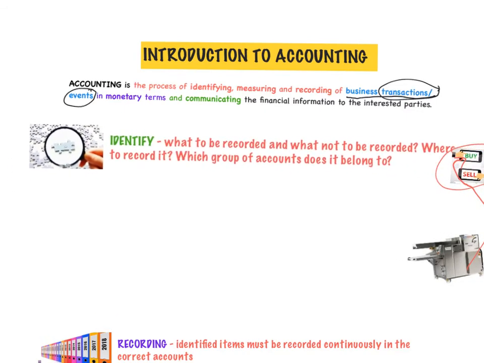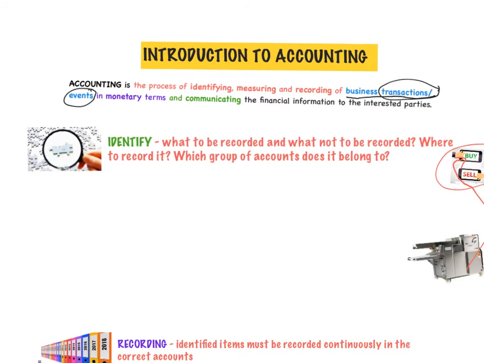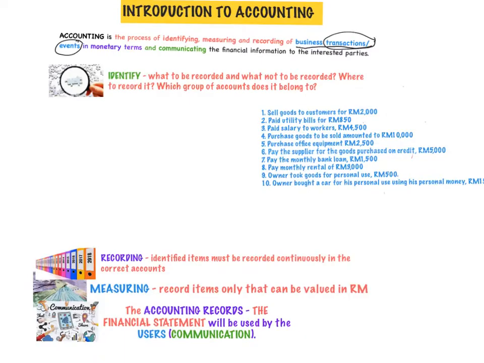From our definition of accounting, identifying means you need to identify what is to be recorded from the business transactions just now: what is to be recorded and what is not to be recorded, where to record it, and which group of accounts it belongs to. You need to identify this before you can properly record it.